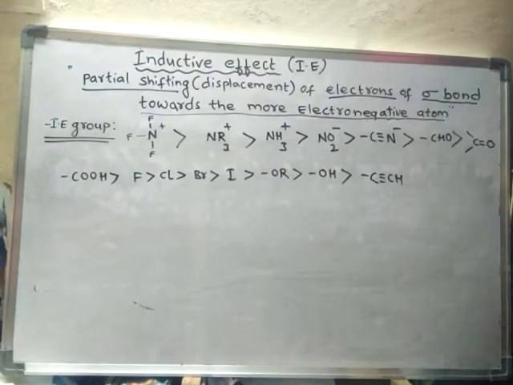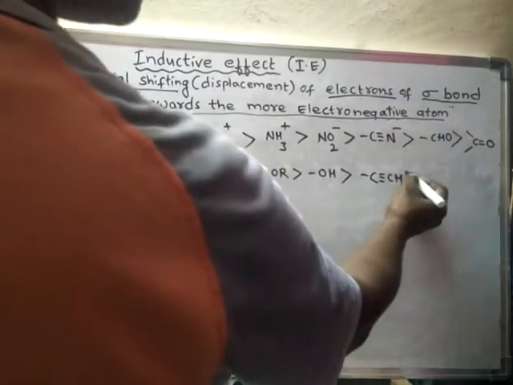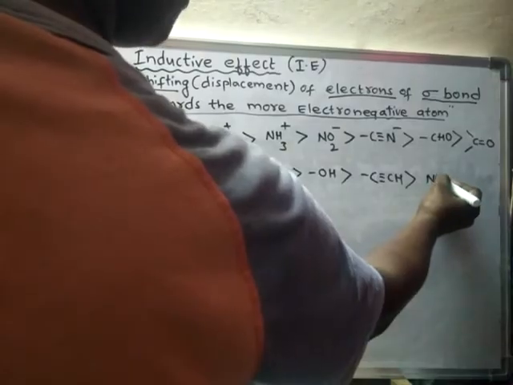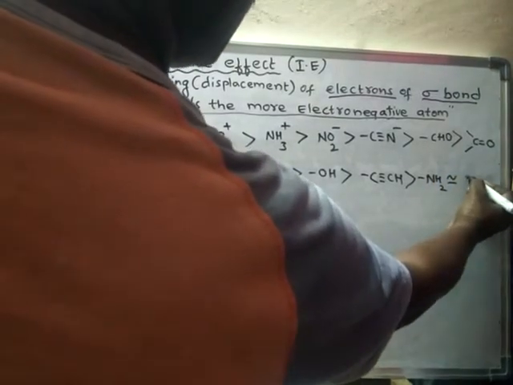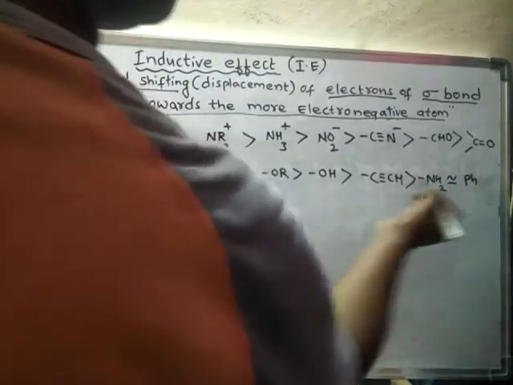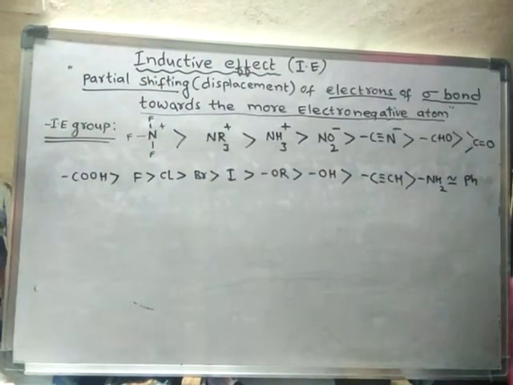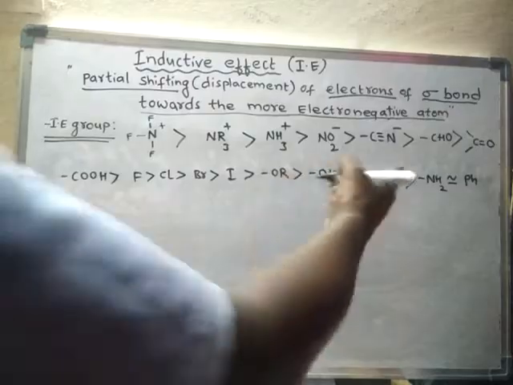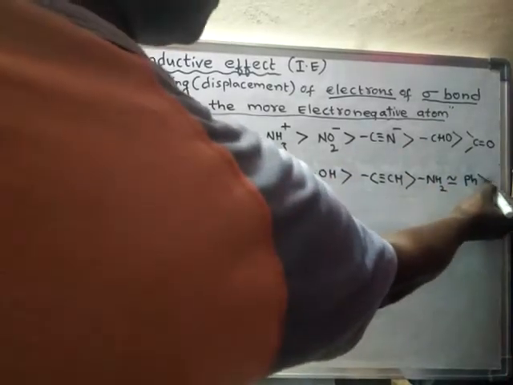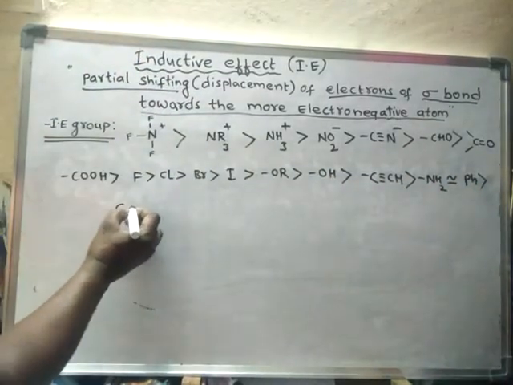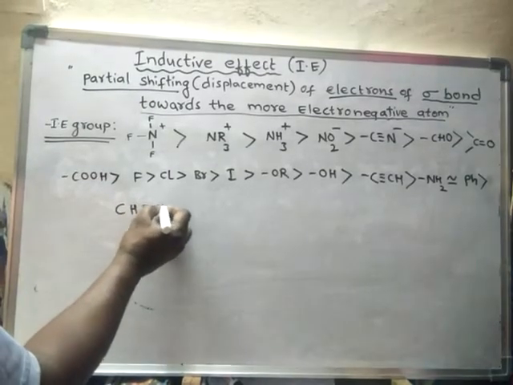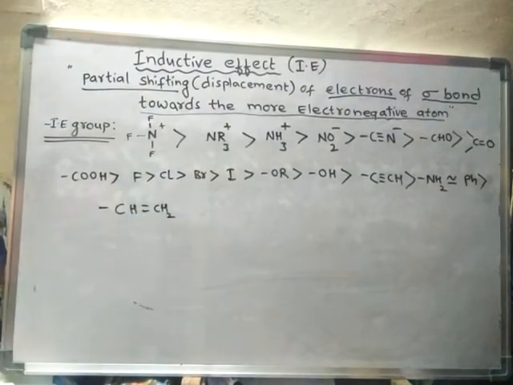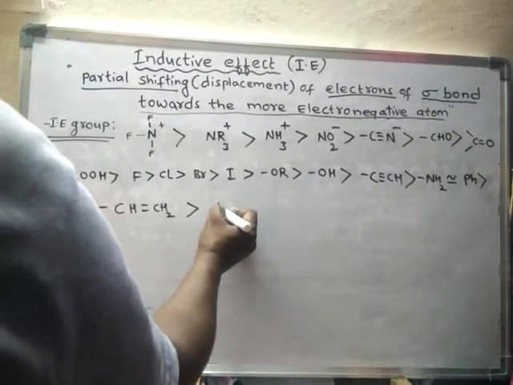Next to this is NH2 group, amine. It is more or less similar to the phenyl group, Ph stands for phenyl group. This is more than CH double bond CH2 group, and it is more than hydrogen.